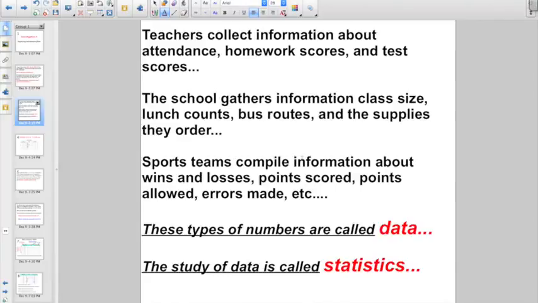Sports teams compile information about wins and losses, the points you score, the points you may allow the other team to score, any errors made, etc. Anytime you're gathering up a bunch of numbers, these types of numbers are called data. And the study of data is called statistics.